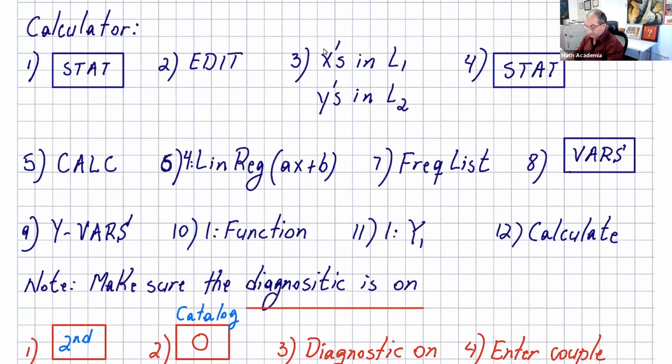Then once you pick that, enter that, the frequency list, you don't do anything and just go for the regression equation.